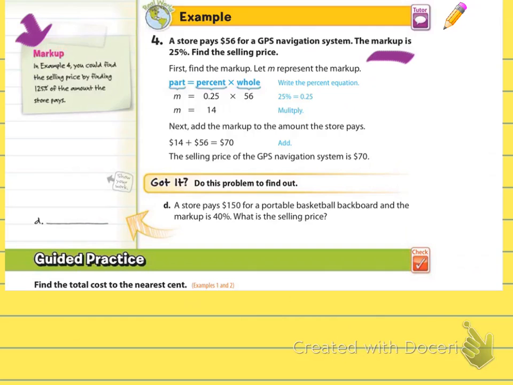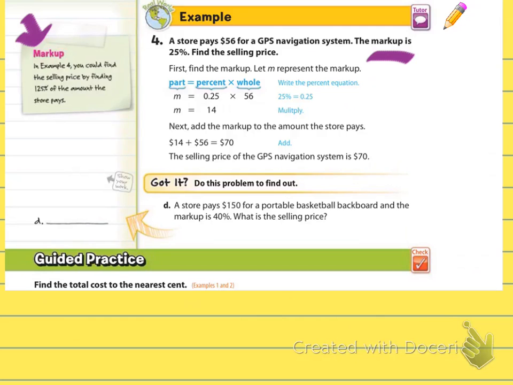You can think about this as they are going to mark the price up by 25% of $56. That will be the selling price to you. Okay, so 25%, changing that to a decimal, would be 0.25. You're finding 25% of $56, of meaning to multiply.